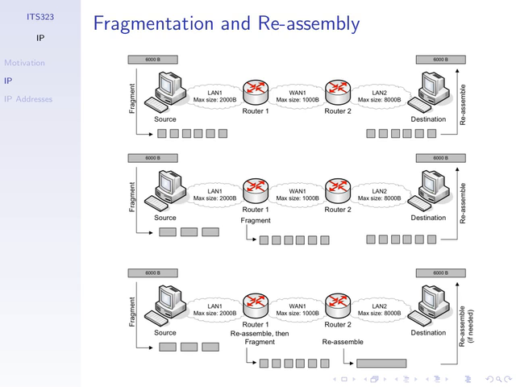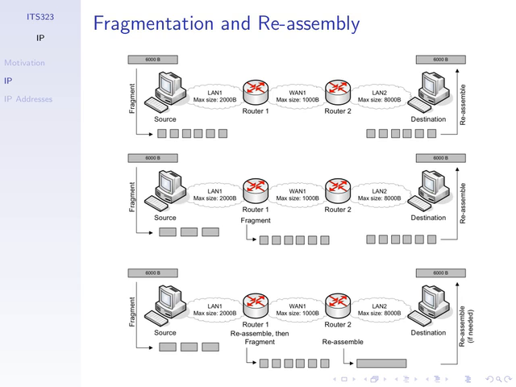The third approach is good because we don't need to know the entire path. It's good because we send optimal size fragments across each subnet. We want to send fragments as large as possible. Here, as large as possible is 2,000. We send 2,000. Here, 1,000.